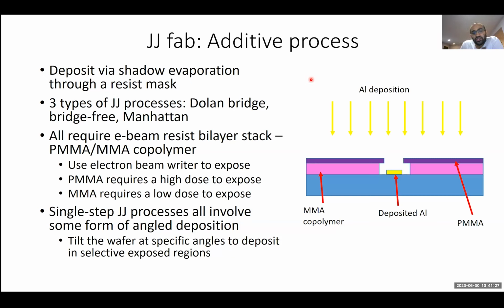Now, to make an actual junction, there are three main processes. They're called Dolan bridge, bridge free, and Manhattan. All three styles require an electron beam resist bilayer stack. So we have two types of resists. The more common one that we use is called PMMA, and a copolymer called MMA.